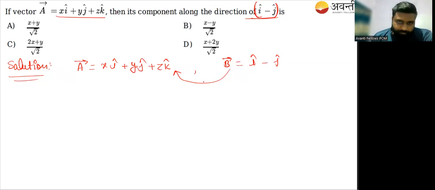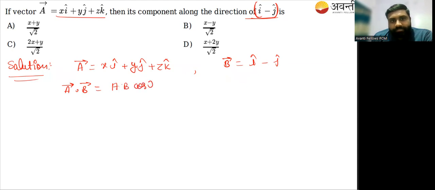Okay. The other method is, you know that A vector dot B vector will be what? AB cos theta. Now, if this is A vector, let's say, and this is vector B, and this angle is theta between them.